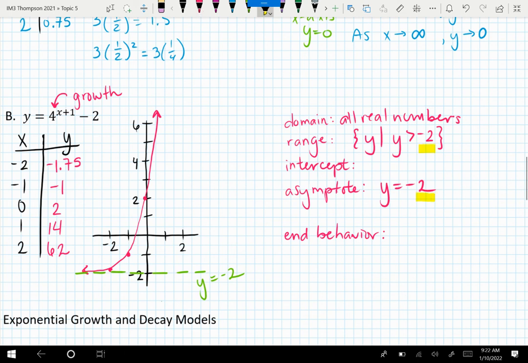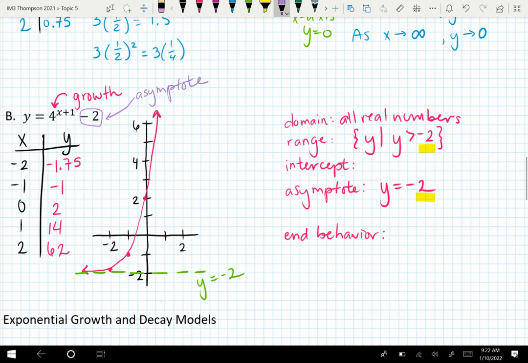So this is going to be the same as this, which is also the same as this. Whatever I add or subtract to the end, whatever my vertical shift is going to be, that's the asymptote. So there's a hint for you.